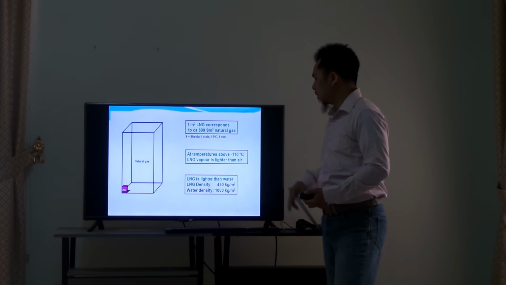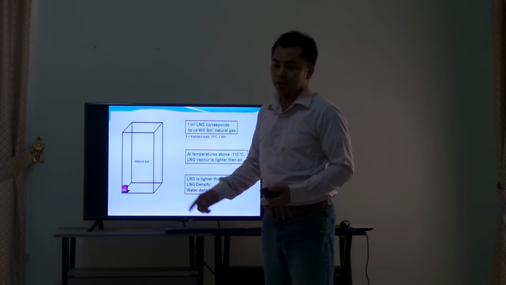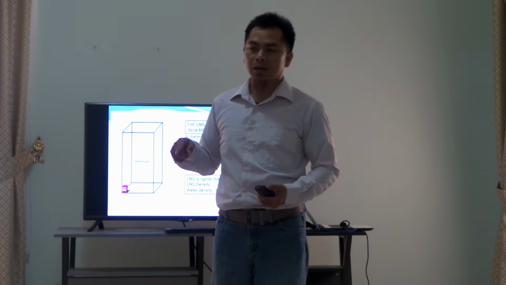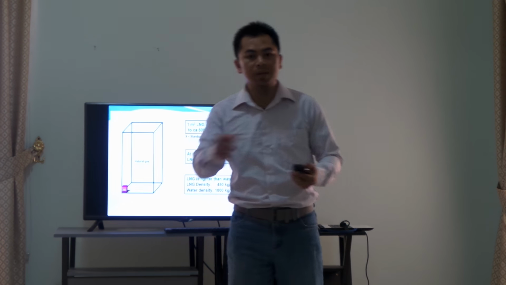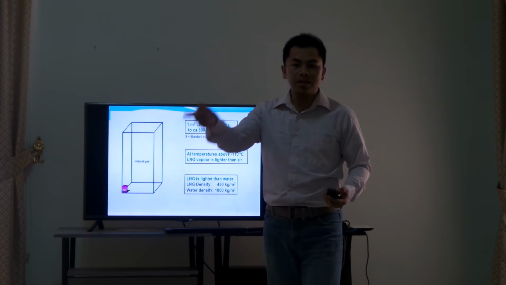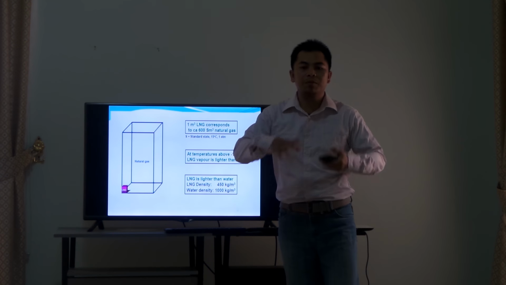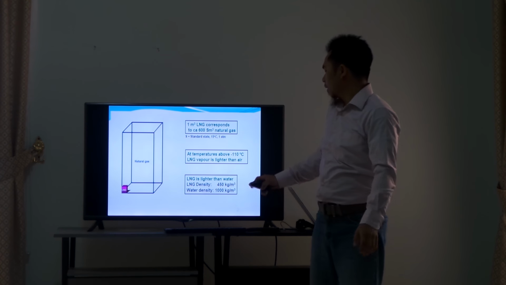At a temperature above -110 degrees Celsius, LNG vapor is lighter than air. Normally, when we reduce the temperature of natural gas to -162, it becomes liquid. And when the temperature increases above -110, LNG becomes a vapor, lighter than air. This is like evaporation.